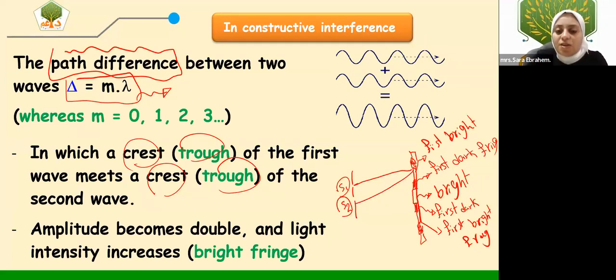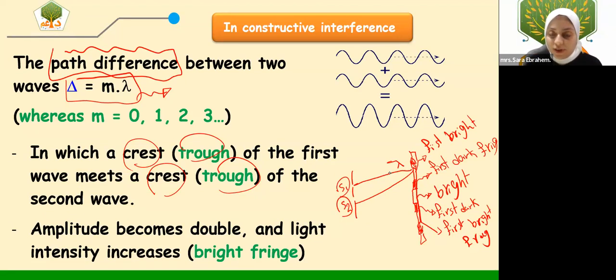So the first dark fringe path difference is one wavelength. Sorry, the path difference to the bright or center fringe is 0. The distance is equal.